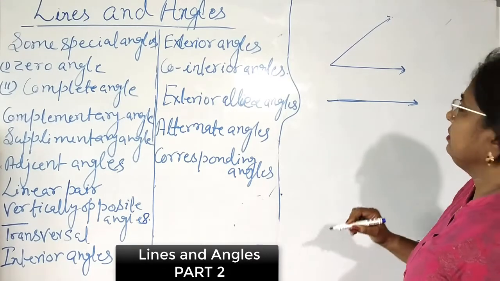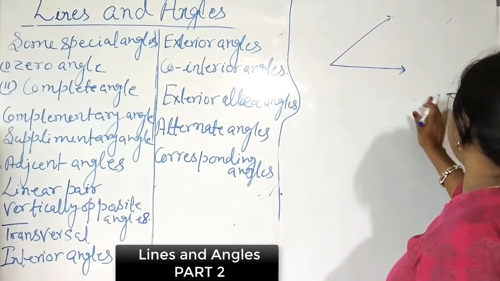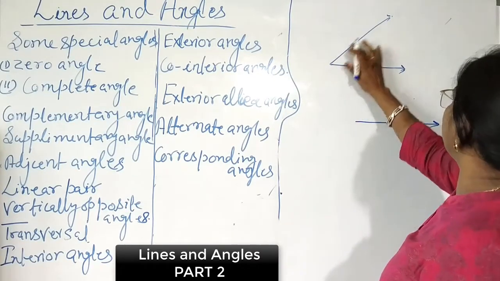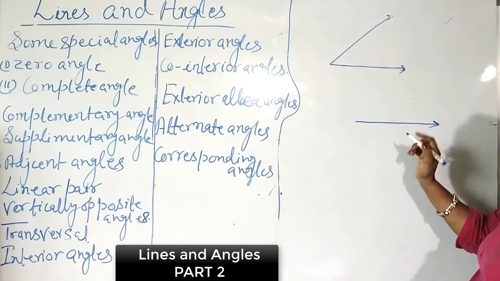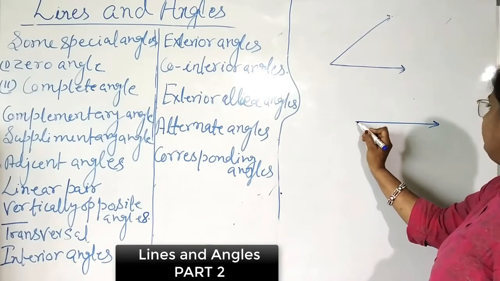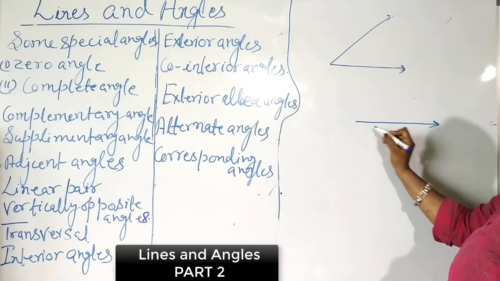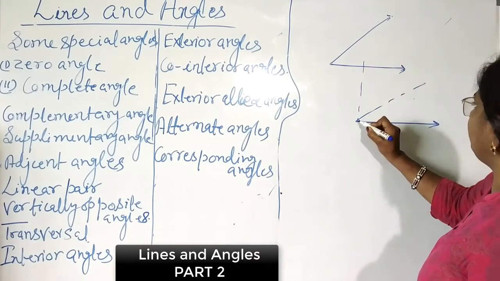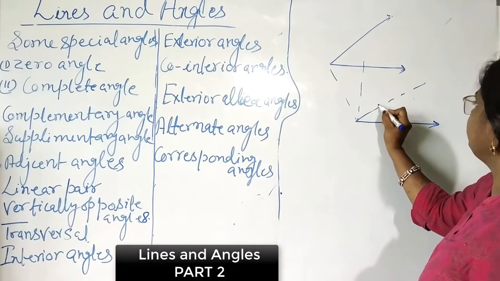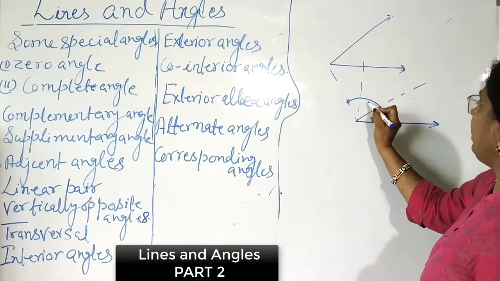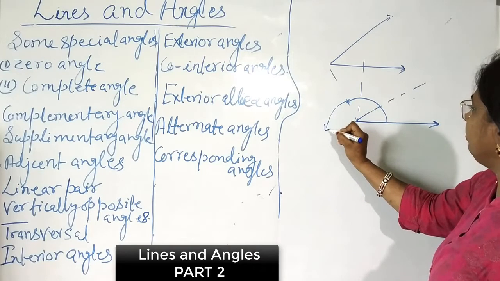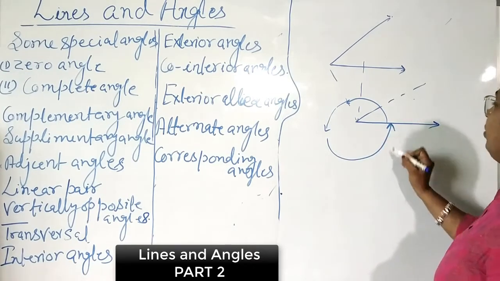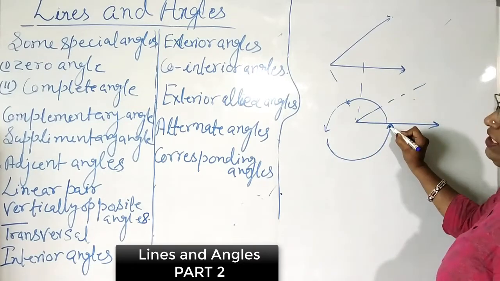Second is complete angle. Rotation means generally one ray is fixed and the second ray rotates in the anti-clockwise direction. It rotates like this. If this rotation moves like this and comes back to this point, that means one complete rotation.